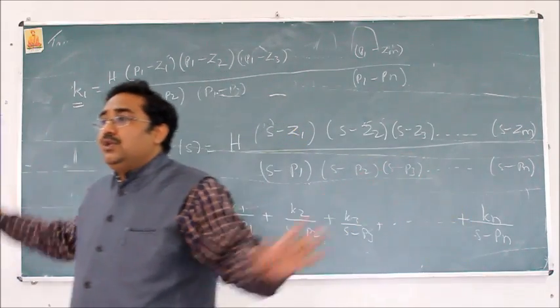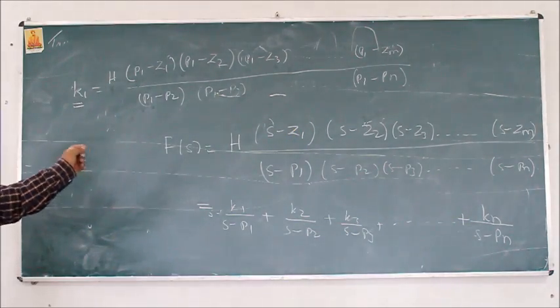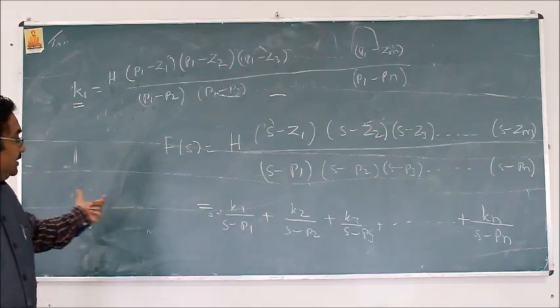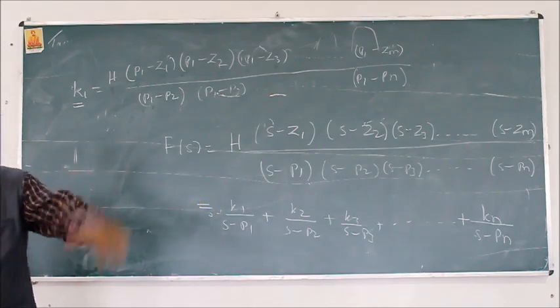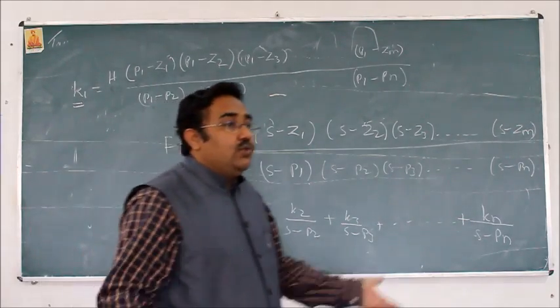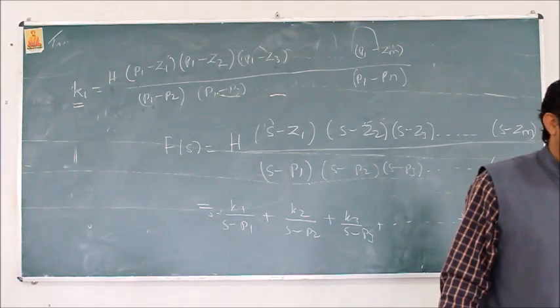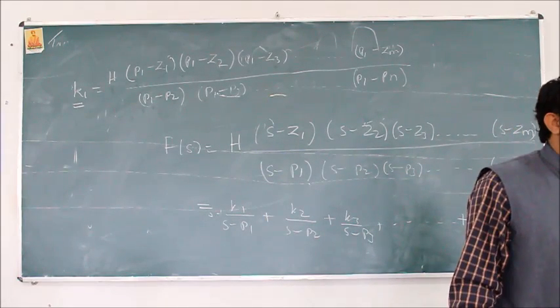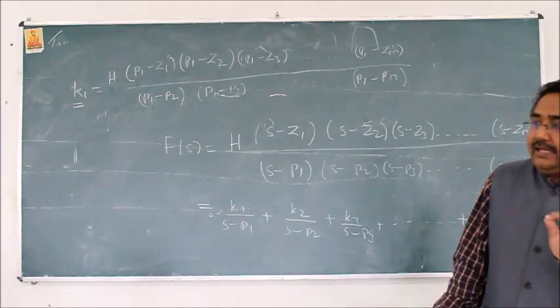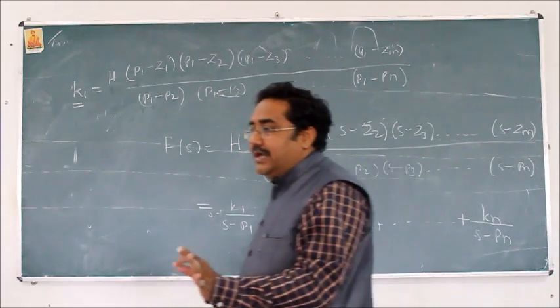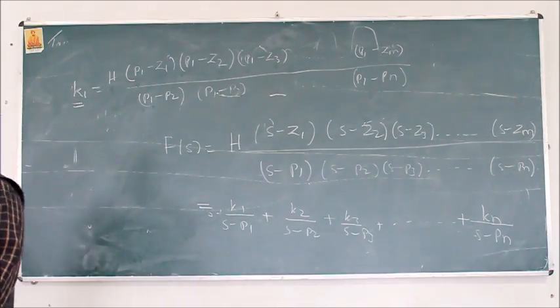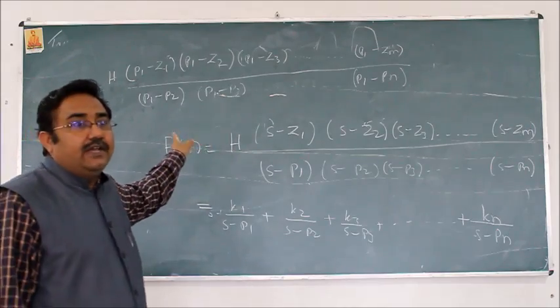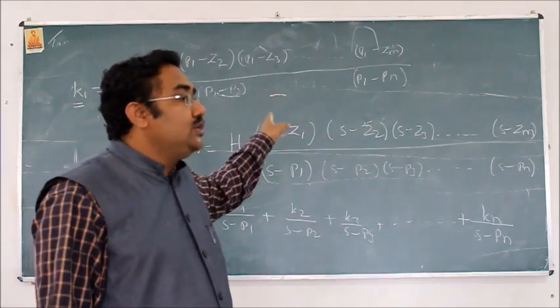In this way, you evaluate the residues, and therefore this is the expression. Take its inverse Laplace transform and you will get the time domain. You first partially fractionalize, but the important thing is that now you evaluate the residues with the help of the graphical approach, that is, the pole zero plot.